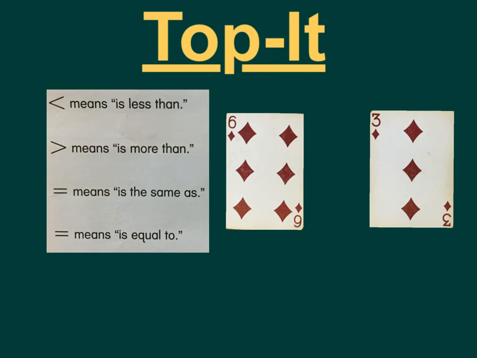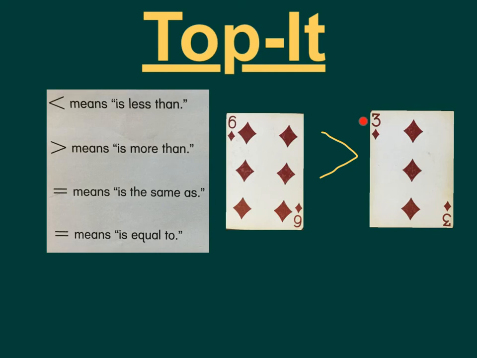So I'm going to use my tricks again. I'm going to think about how my symbol always looks like it's about to eat the bigger number. And I know that 6 is bigger than 3. So I'm going to use my symbol that is pointing at the bigger number. Now I'm going to think, what does this symbol mean?